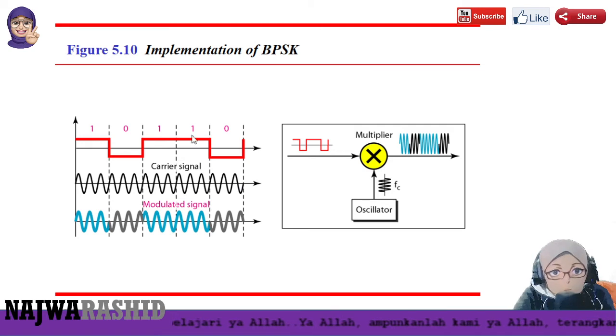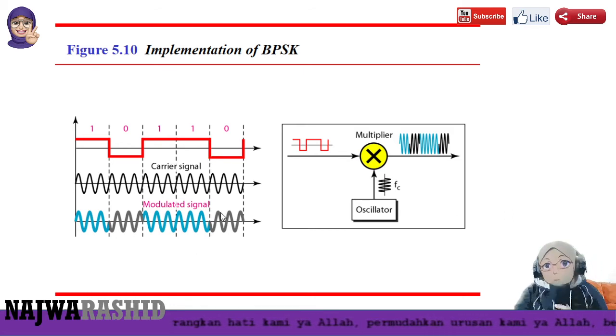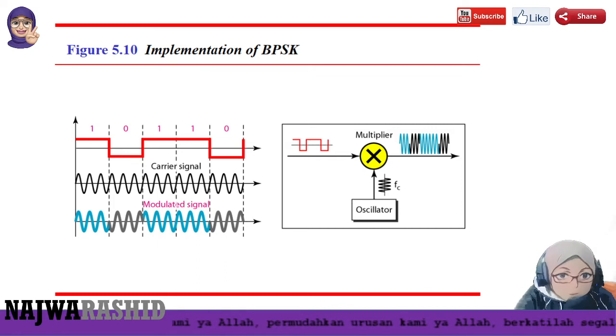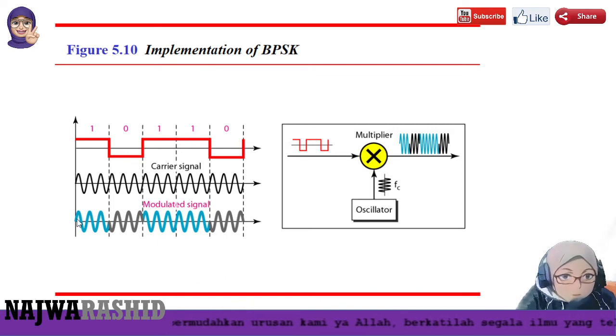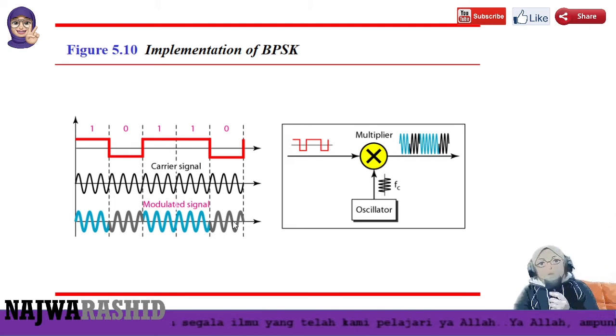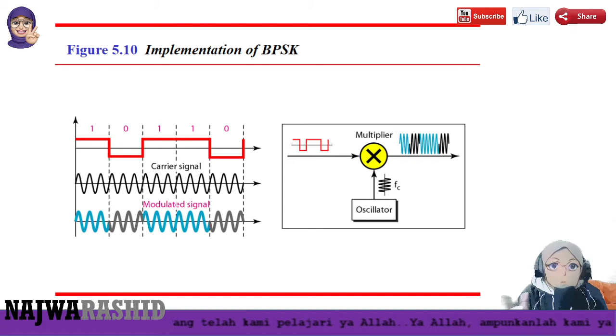So we will modulate, or multiply, this data and this signal, and then we generate another modulated signal. Okay, if you can identify here, the amplitude is changed because we apply the phase shift keying.